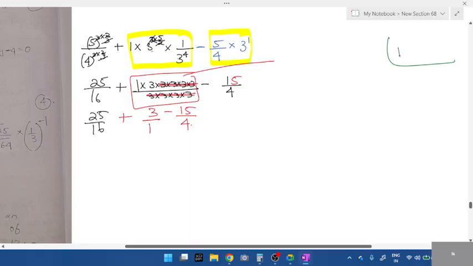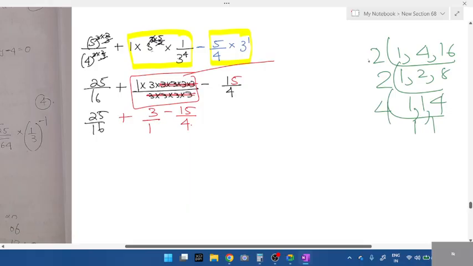I told you to take from the smaller number: 1, 4, 16. Start with 2. 2 twos are 4, 2 eights are 16. If there's only one number, take it directly. Okay, what's the LCM? 2 twos are 4, 4 fours are 16. If the denominator is different, the numerator also should change, right?